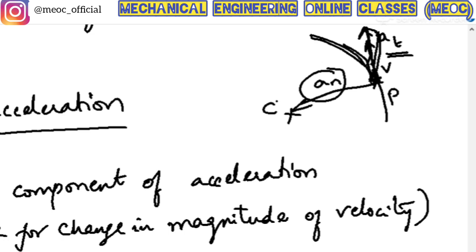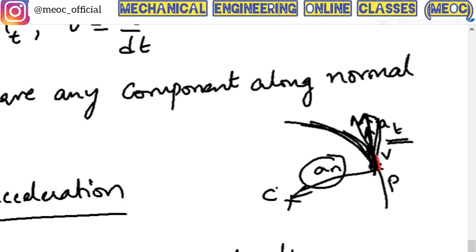It is going somewhere midway. There is a curve like this. The tangential direction is this. Tangent is here. The acceleration along tangent is there, and there is a normal component of acceleration also. So because of this an, this particle is moving in a deviated path which is away from the tangent.